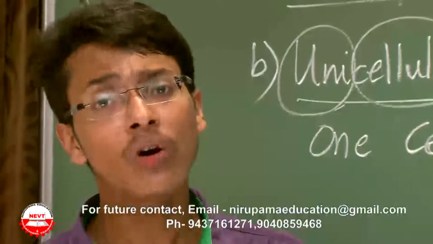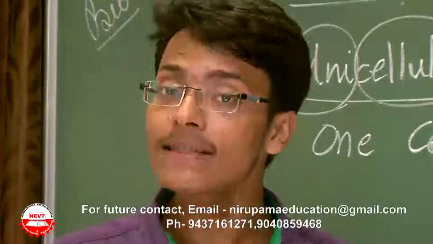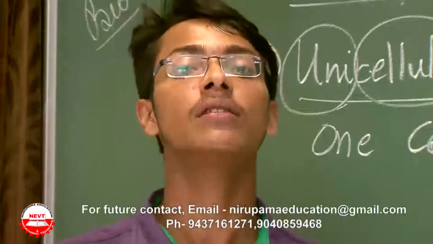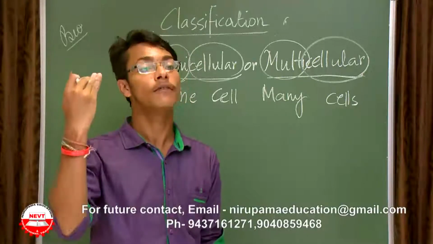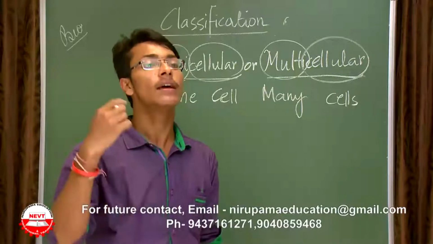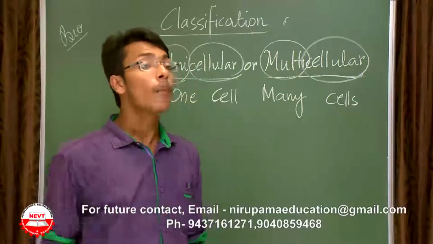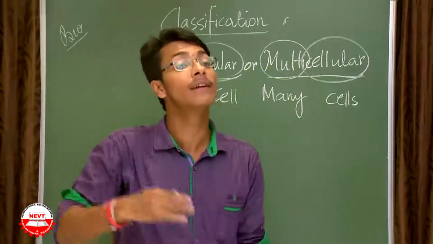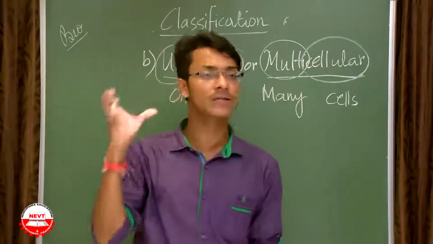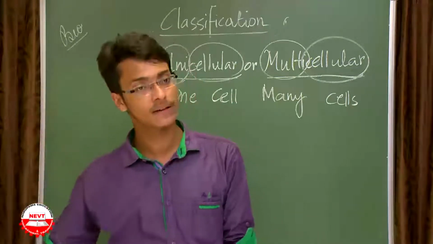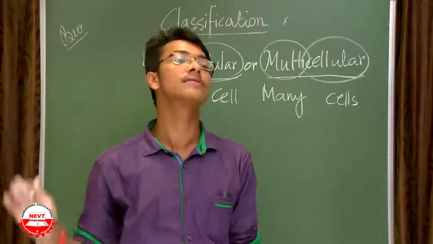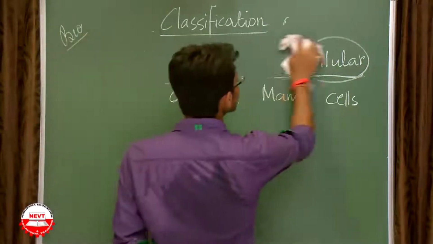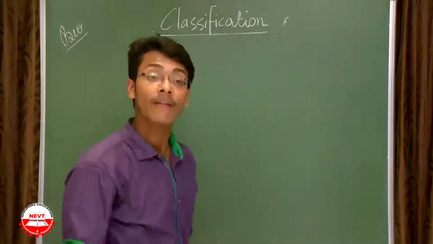Definitely your answer will be no, because if there is only one cell, that one cell has to perform all the physiological functions like digestion, egestion, excretion, respiration, circulation, reproduction, everything. But for multicellular organisms, it is quite defined that there will be a division of labor. A certain cell will do certain work, and it's a complex system as a whole.